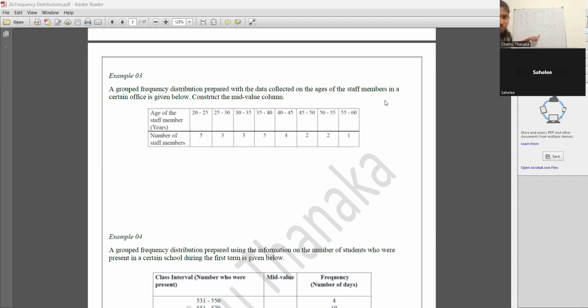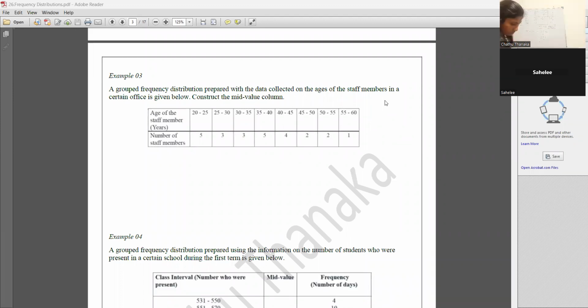You have to remember this formula. We have already got the answers for sigma fx and sigma f. Here sigma fx is 584, divided by 40.